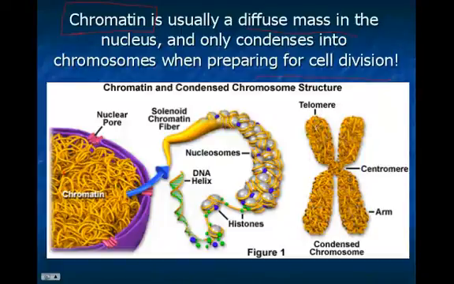So it's only when a cell actually is getting ready to divide, and it's actually in prophase of mitosis and meiosis, but in mitosis cell division, that we actually start to form these chromosomes. Okay? So it's only in cell division that we're going to see DNA in the form of chromosomes, all wound up, super tight, folded back on itself again. For the most part, mostly we see DNA in the form of chromatin.